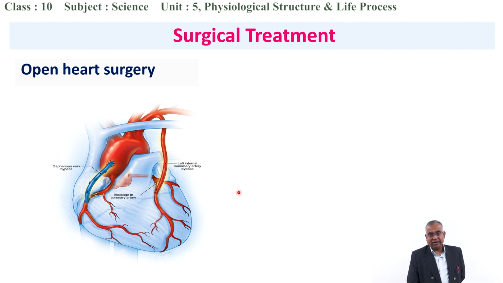So, it is called what? Open heart surgery. It doesn't mean that the doctors have to open the heart, to dissect the heart as we did with the goat's heart. In the case of a bulb that may happen, but here it is not that.